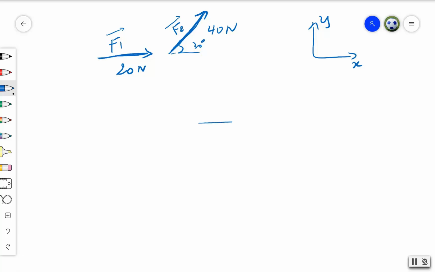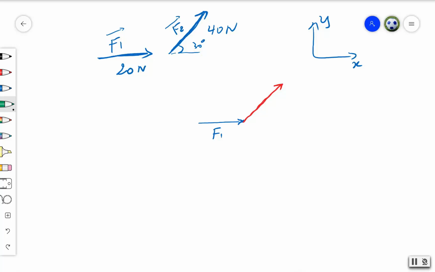Basically we draw F1, and from the tip of F1 we put the tail of F2. It would be nice if I change the color. So this is F2. I have to keep the same magnitude and the same direction.